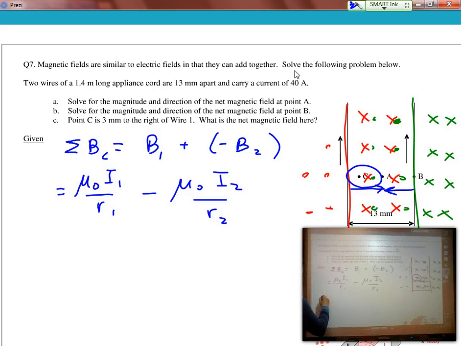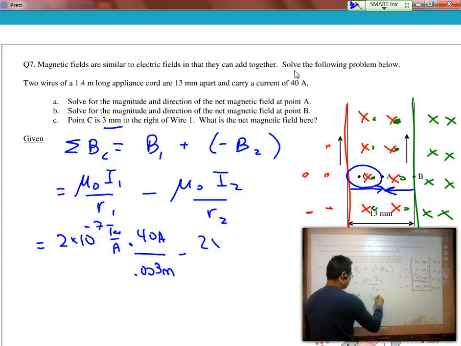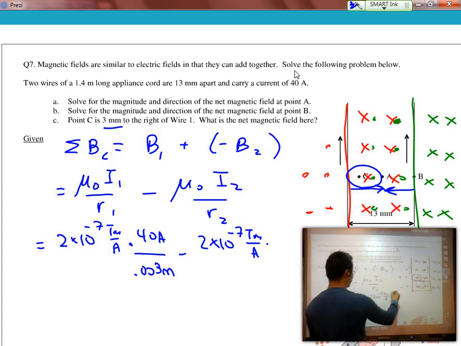So plugging in my numbers, I end up with 2 times 10 to the negative 7 Tesla meters over amps times current 1, which was 40 amps, divided by 3 millimeters away, so that's 0.003 meters, minus 2 times 10 to the negative 7 Tesla meters over amps times 40 amps.